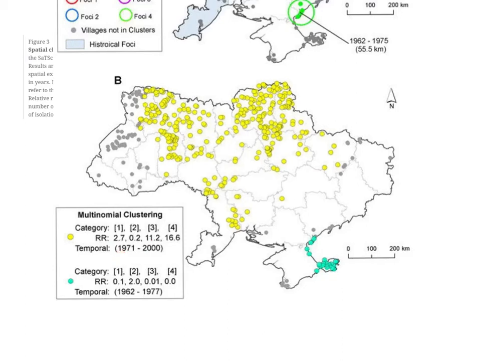So here, the information about the time period is directly associated with the individual color. So this time, the blue cluster persisted from 1962 to 1977. We can see that's over here. The yellow cluster persisted from 1971 to 2000, and that includes a much larger number of individual points. We still have points not included in our cluster, just as we saw in the map above.